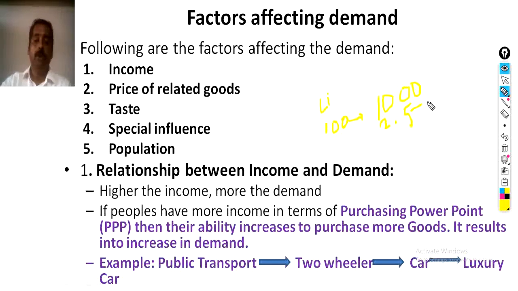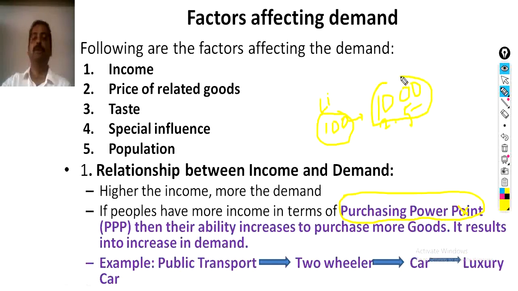for the festival. So why did this happen? It happened because of purchasing power parity. This is not point, this is purchasing power parity. The purchasing power parity of a particular individual increases, so that he will be in a position to spend more money. Earlier he spent rupees 100 for purchasing firecrackers.